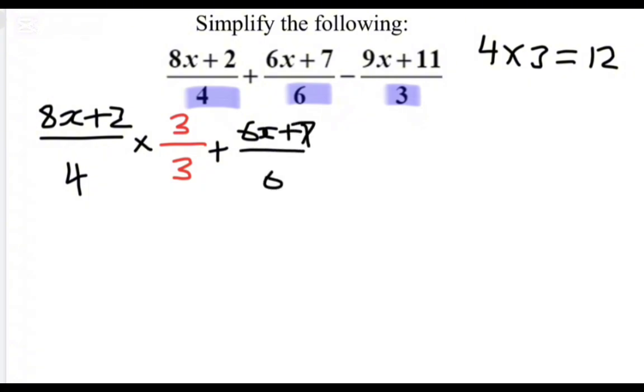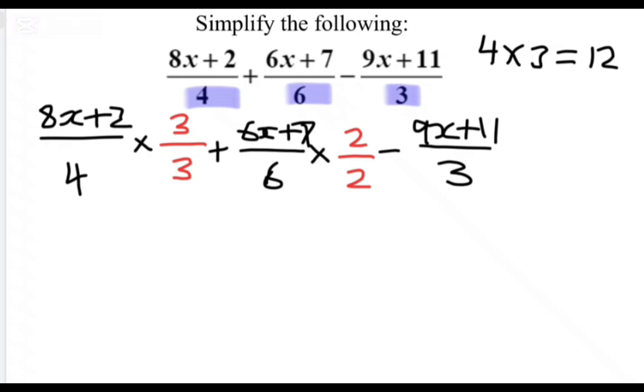Which number can we multiply with 6 to give us 12? It's going to be 2, and we also have to do it at the top. Then we have 9x plus 11 over 3, which is going to be multiplied by 4 over 4. Perfect.